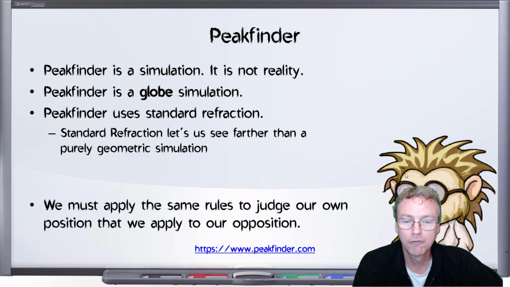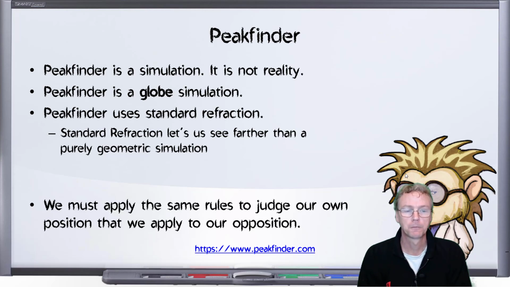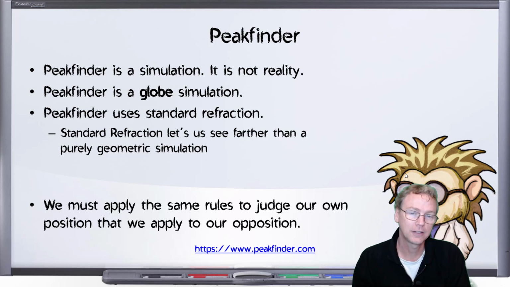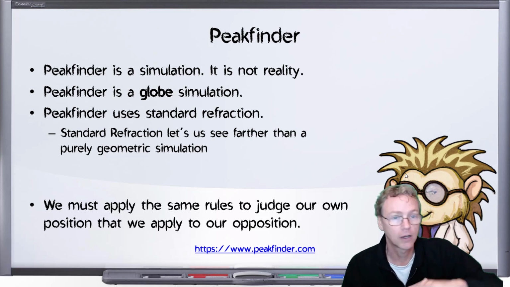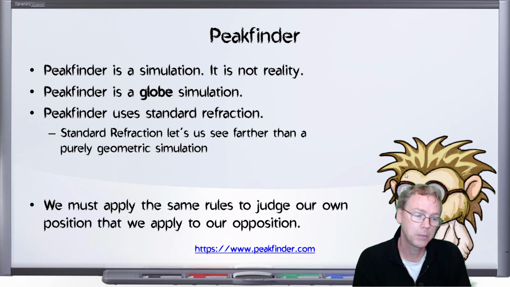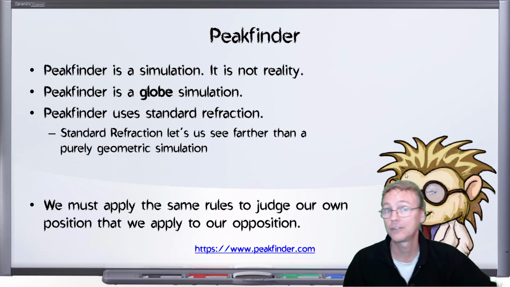And last, I really want to emphasize this. We have to apply the same rules evenly, right? If your rules are going to insist that there be a geometric horizon that has no refraction, then you must apply that same geometric horizon with no refraction to the flat side.